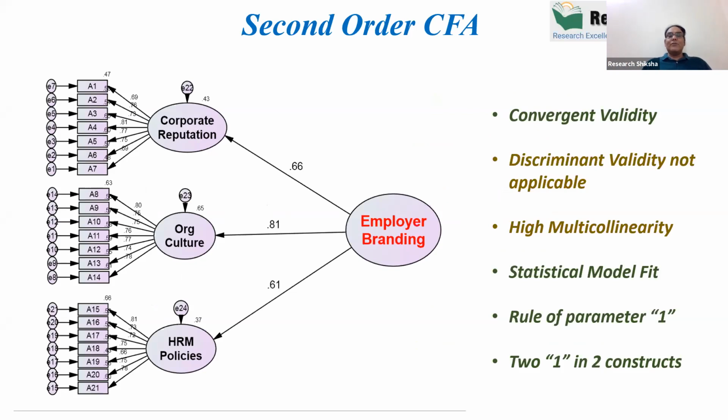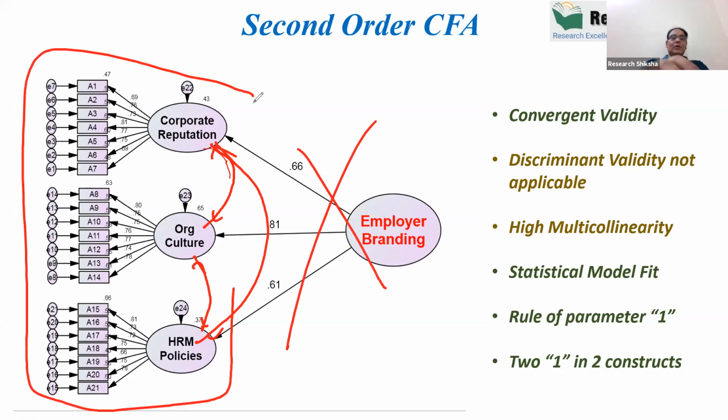Now the question is when we should go for a second order construct. For example, suppose we are examining the first order CFA of these 3. We are not including this, only running this model, and we found that these three correlations are very high.